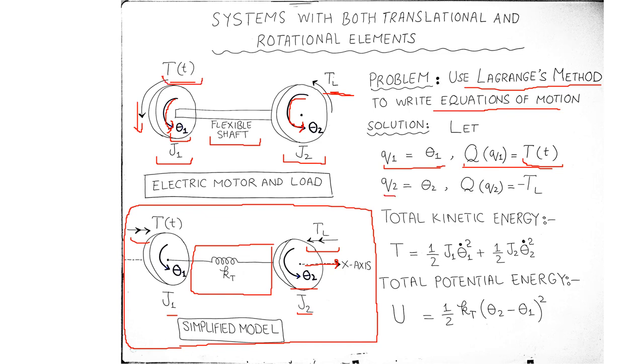Let q2 equal θ2, meaning that the other angular displacement that describes the configuration of the system is θ2. This θ2 is associated with J2 that experiences torque. However, note that the loading is opposite to q2 in this case. Therefore, capital Q2 must be minus TL.